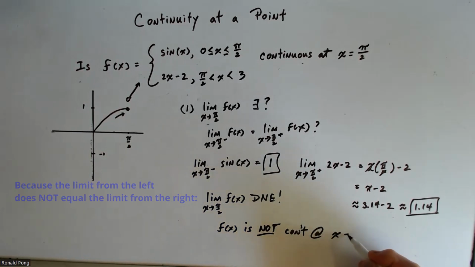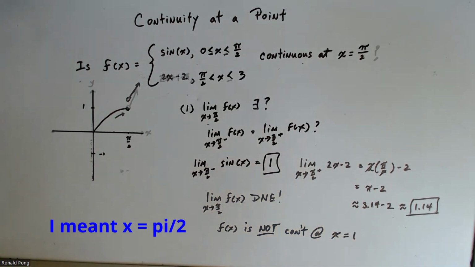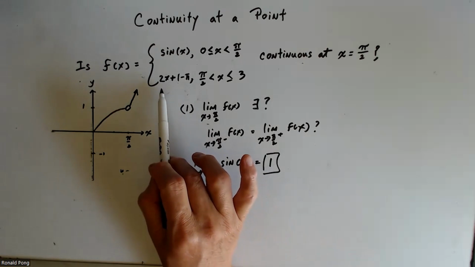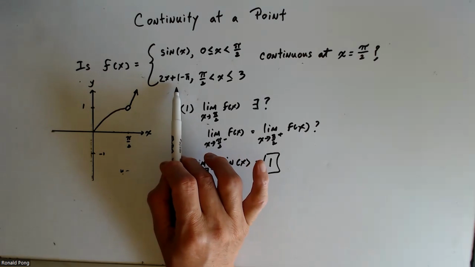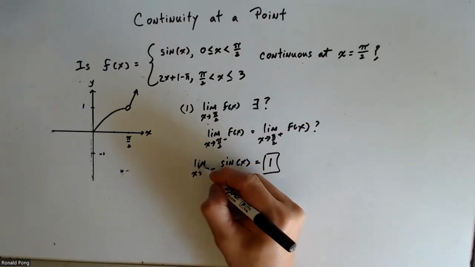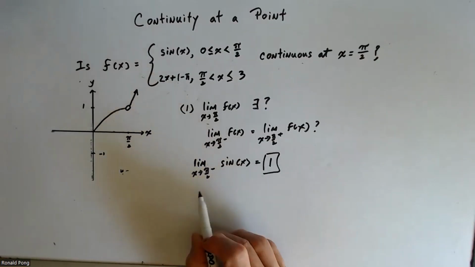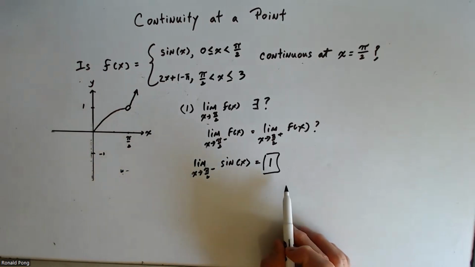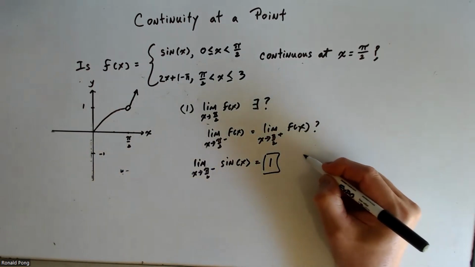Here I've redefined the function, or at least the second half of this piecewise function, to be 2x plus 1 minus pi. The question now is, does the limit as x approaches pi over 2 exist? From the previous example, we could see that the limit as x approaches pi over 2 of sine of x still equals 1.